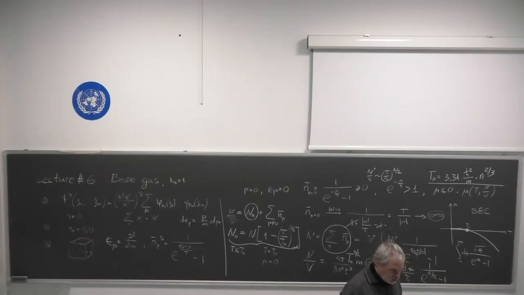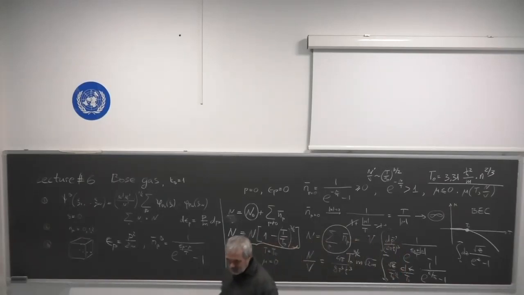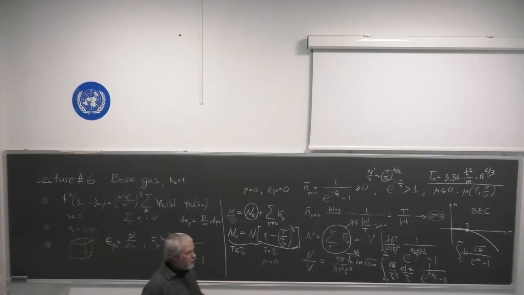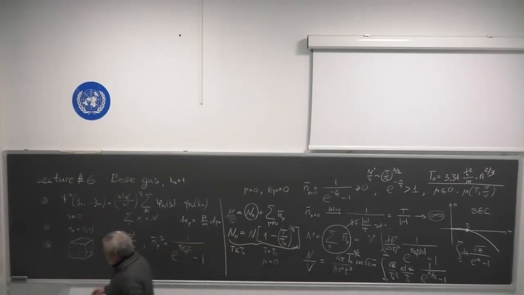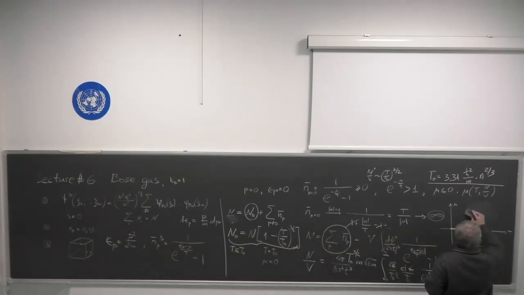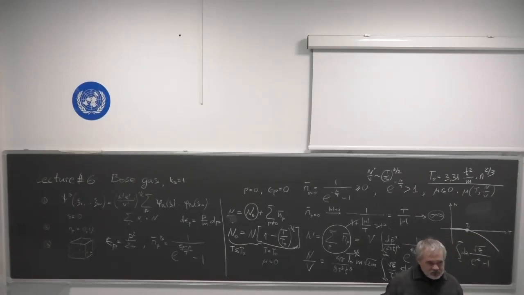The only comment which I would like to make is related to the problem which we treated before. Namely, we considered bosons in a box. But a more realistic and more experimentally relevant situation is that people confine bosons in a trap.